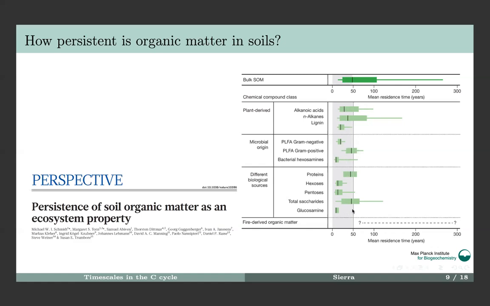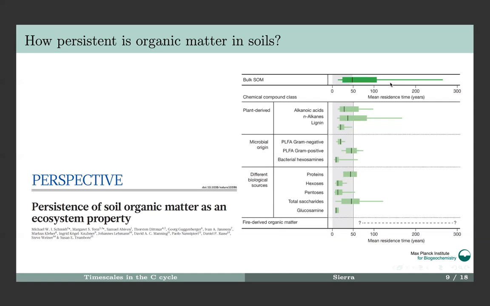Things that we first thought decompose very slowly, such as lignin, can actually have shorter mean residence times, and other things, such as saccharides, can have longer residence times. The idea was then that this mean residence time can have a lot of variability, but it emerges as the effect of many different processes that occur in soil.